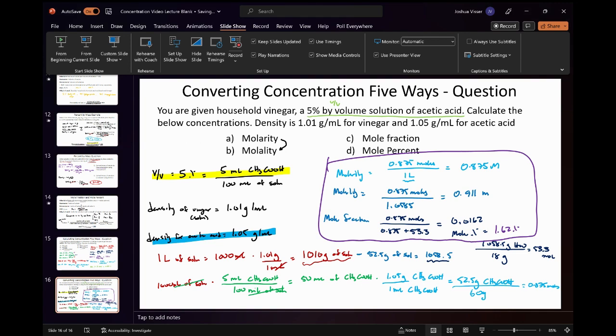And now you know how to interconvert between them and utilize a given percent by mass or percent by volume to figure out every other type of concentration. So this is everything we'll talk about for concentration, and we'll pick up on Monday by talking a little more about what we were finishing with on Wednesday, and then jump into those colligative properties that are very important for our freezing point depression lab.